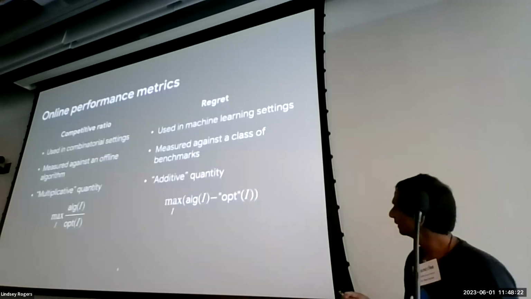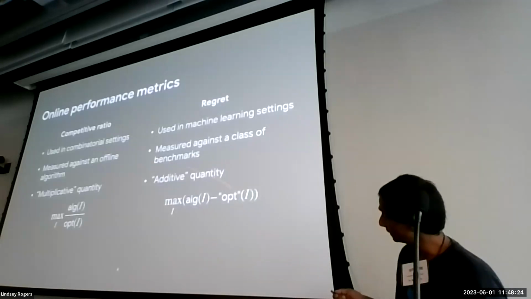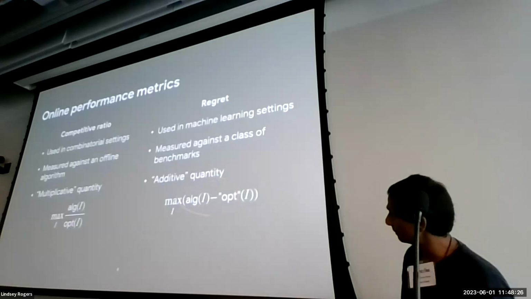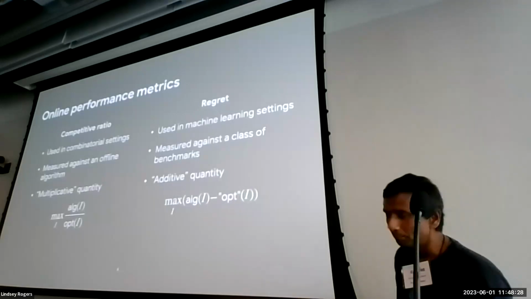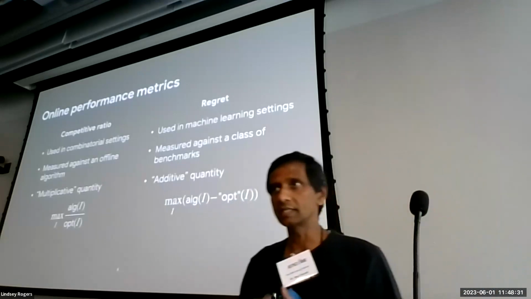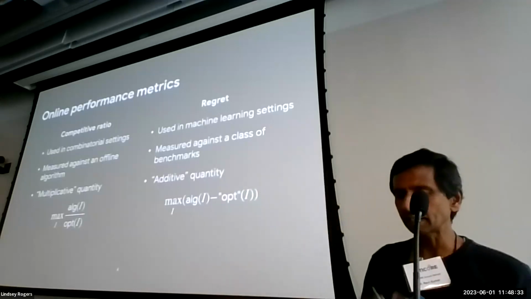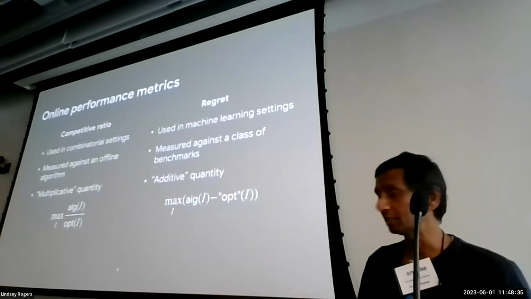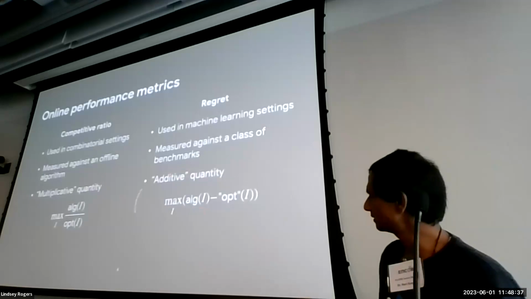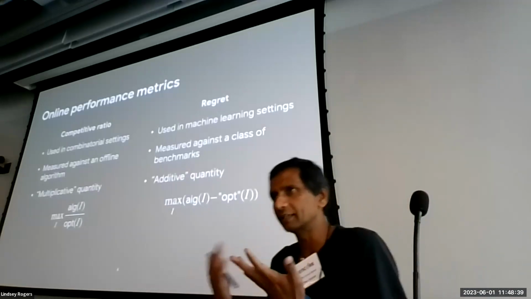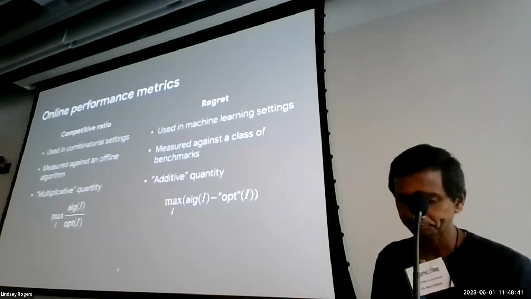The measure of performance is the algorithm's performance minus this benchmark on this instance. That's the regret measure in machine learning. This is known as excess loss and other things like that in typical statistical learning settings.